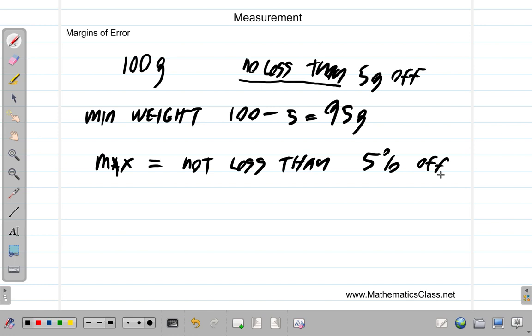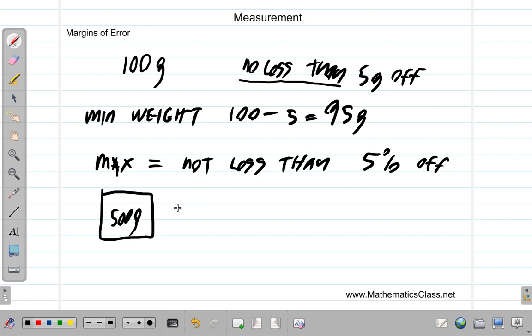They don't care about that. What they care about is if you're shortchanging the customer. So, each bag must not weigh less than 5% off what the printed bag says, and there's a bag that says, a big bag, 500 grams potato chips.